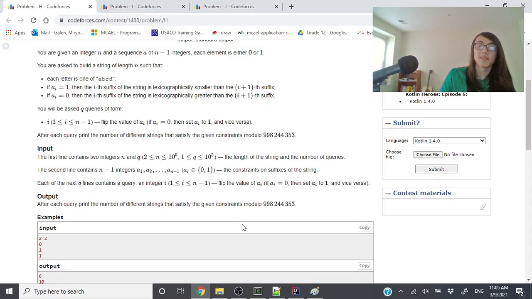Okay. So flip the value of ai. If ai is 0, then set ai to 1 and vice versa. After each query, print the number of different strings that satisfy the given constraints. So this is lexicographically greater than the suffix. So if they're the same, how would that work?